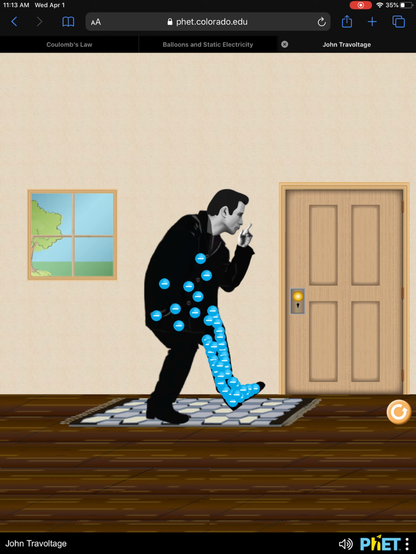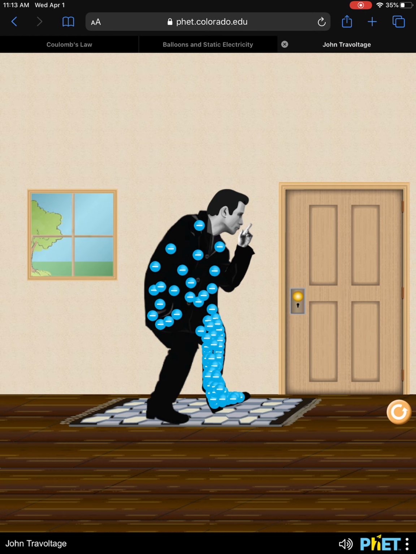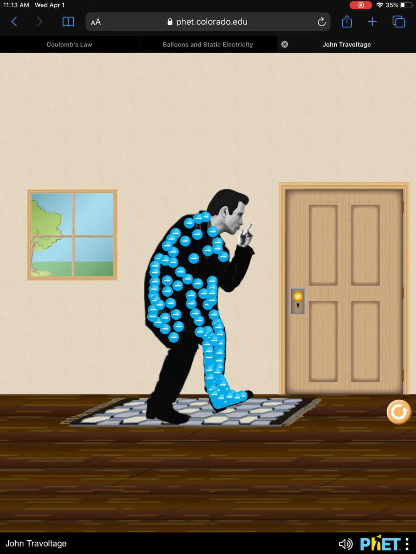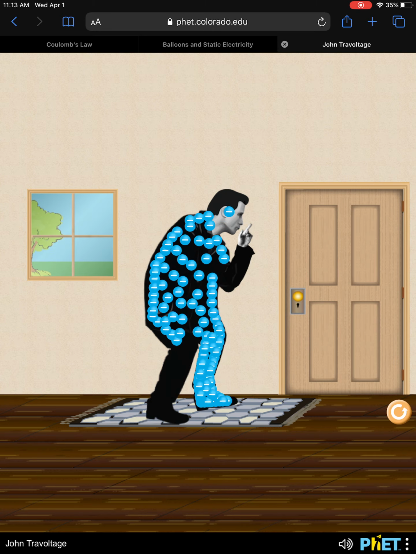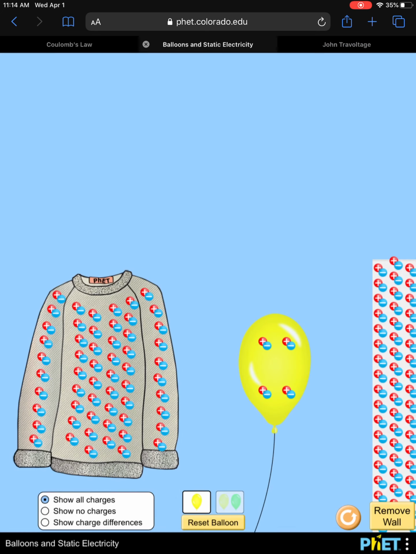The stronger the magnet, the further apart they can be to have an effect on the forces or movement. This might be a little bit too far. I think we're maxed out there, so if we bring his hand a little bit closer, there's the difference. So hopefully you understood that. Feel free to go to that website and play around with that.